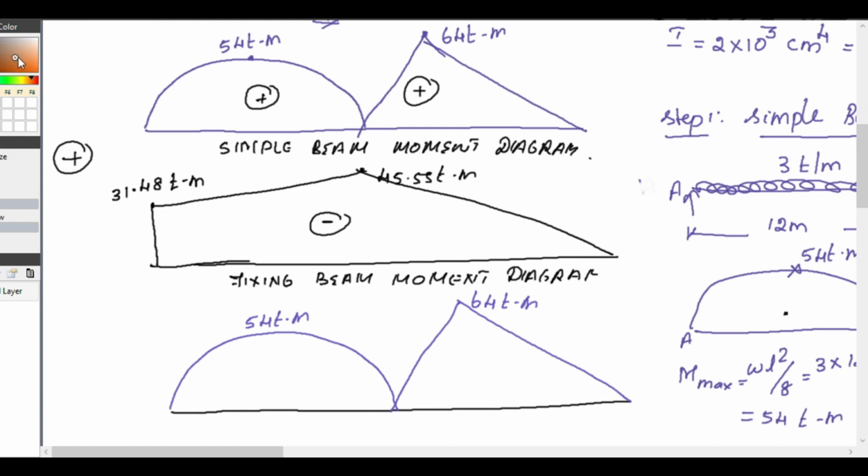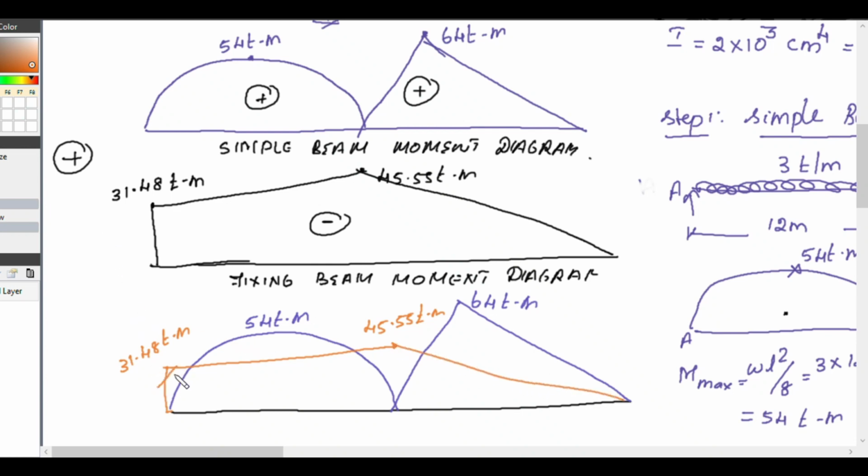And in the case of the fixing beam moment, it is 31.48 tons meter, and here it is 45.55 tons meter, and at C it is 0.